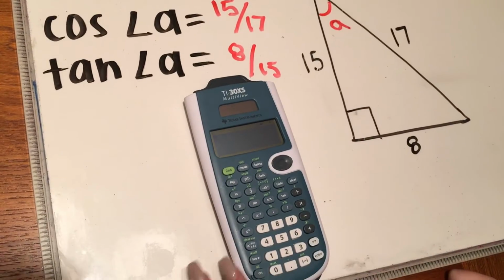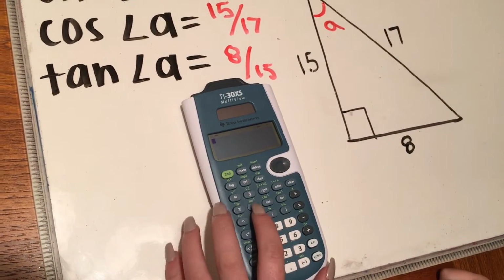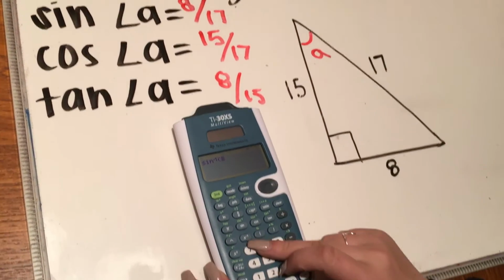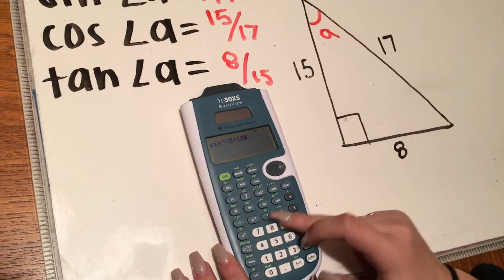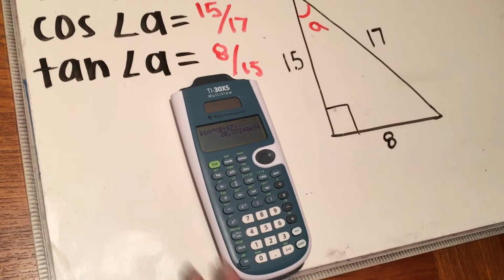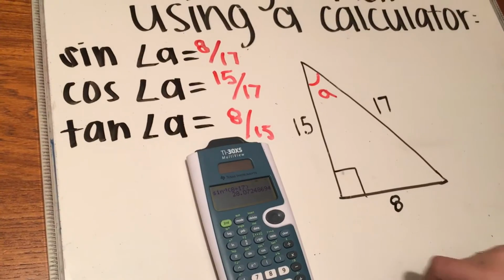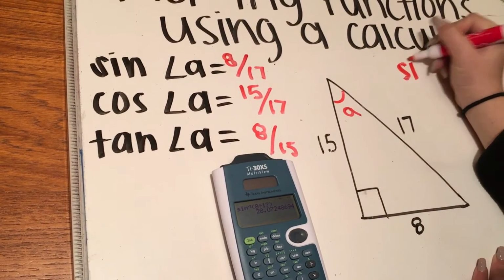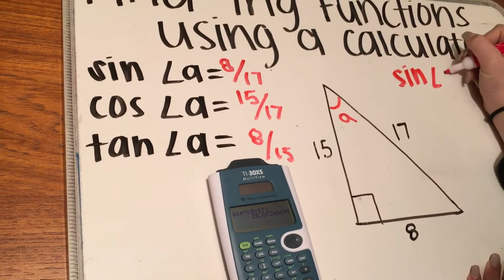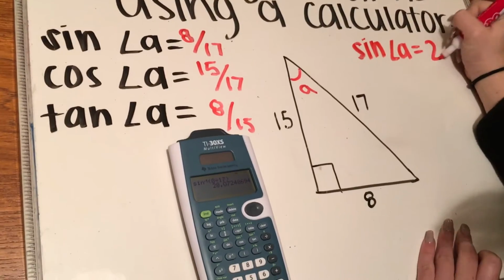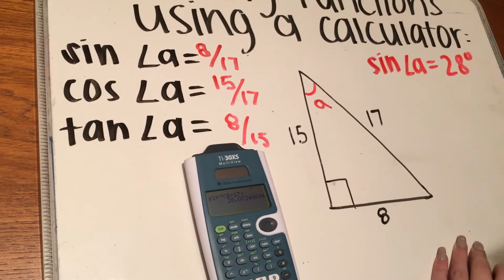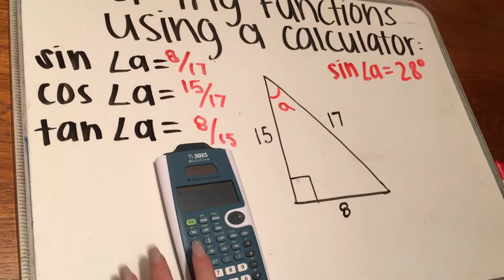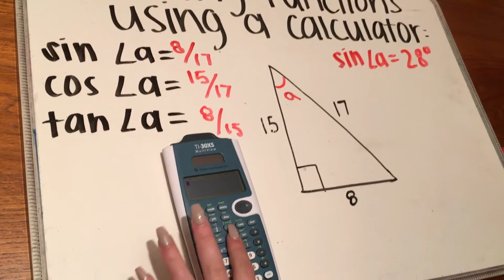So for number 1, you hit second, gets you sine of -1, and then it's 8 over 17. So 8 divided by 17. So the sine of angle A gets us 28 degrees approximately. Okay, on to the next one. Cosine, second function again.